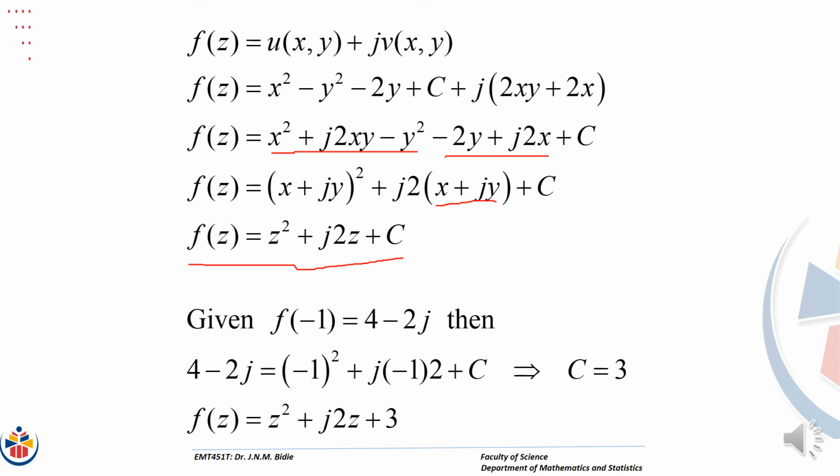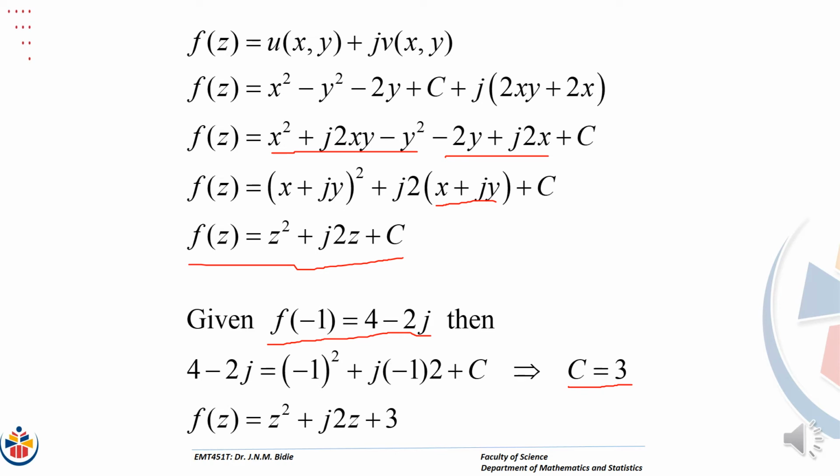Then we have been given a specific value for z, and when you substitute it into the function, it gives us 4 minus 2j. So what we need to do in the function that we've discovered here is substitute negative 1 in and equate that to what has been given to us so that we can solve for the value of c. So all in all, we've got 4 minus 2j equal to, in place of z in our function, we substitute negative 1 in and then simplify, and we got c to be equal to 3.